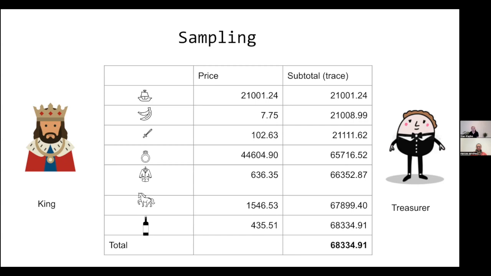But sampling has this huge problem. It's really not very secure. And here's a very simple example. It's easy to understand. So let's say that the king checks these 2 lines, the sword and the horse. What the treasurer can do then is hack the thing by modifying the line that the king didn't check.